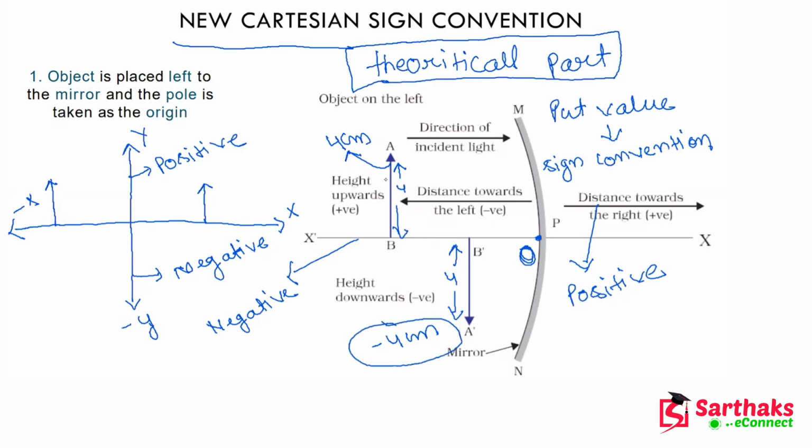And let's suppose the distance of this object from this mirror is 5 centimeters. Then, whenever we solve the question, I will write it minus 5, because it is at the left side of this mirror.